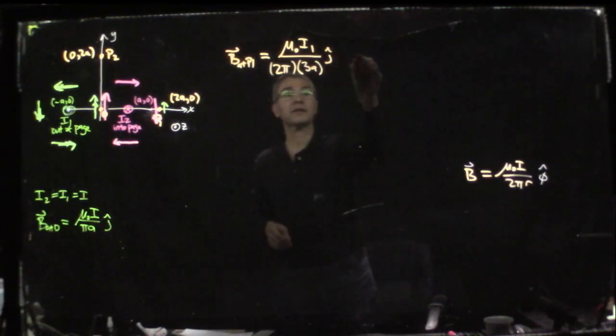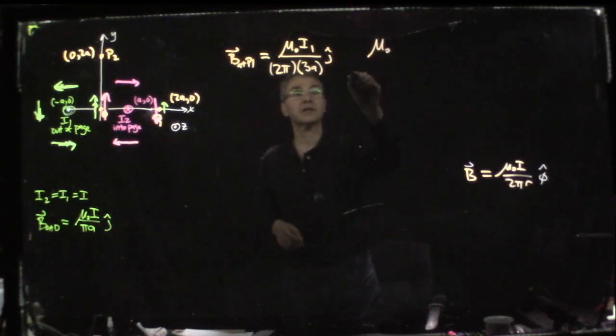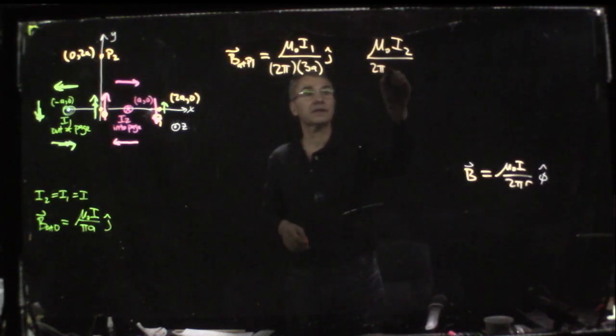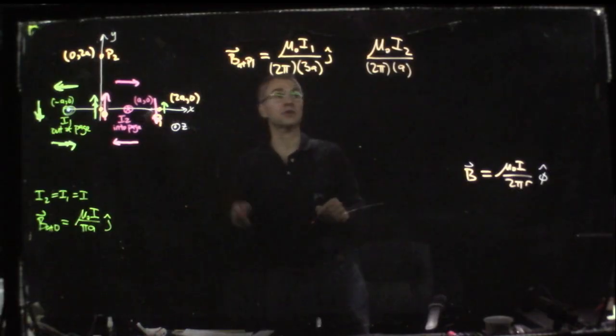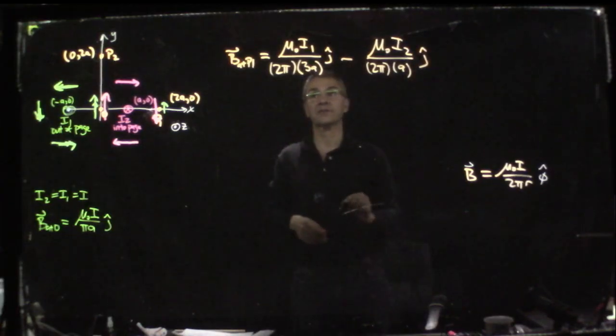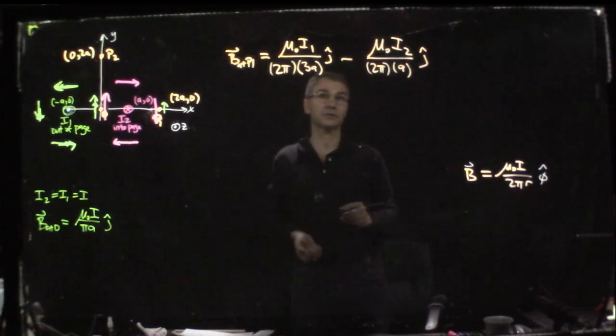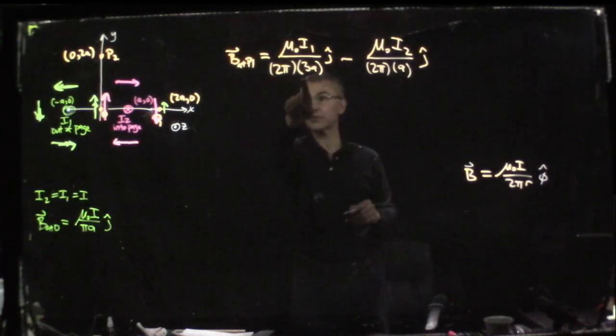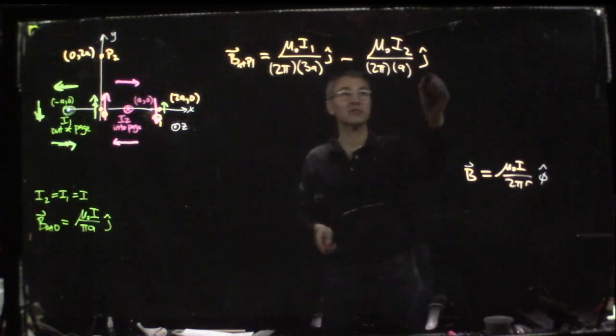And then we have mu naught I2 over 2 pi a, it's only a far away, and this is going to be minus j hat. Okay, so here's minus 1 unit, here's plus 1/3 of a unit, so it's going to be minus 2/3 of a unit.